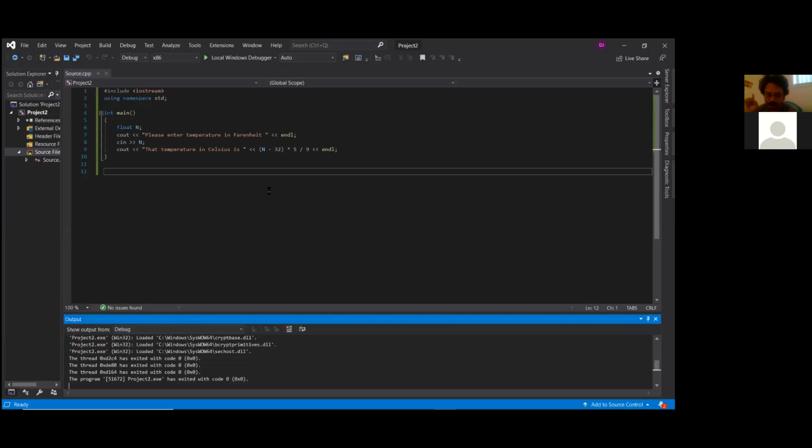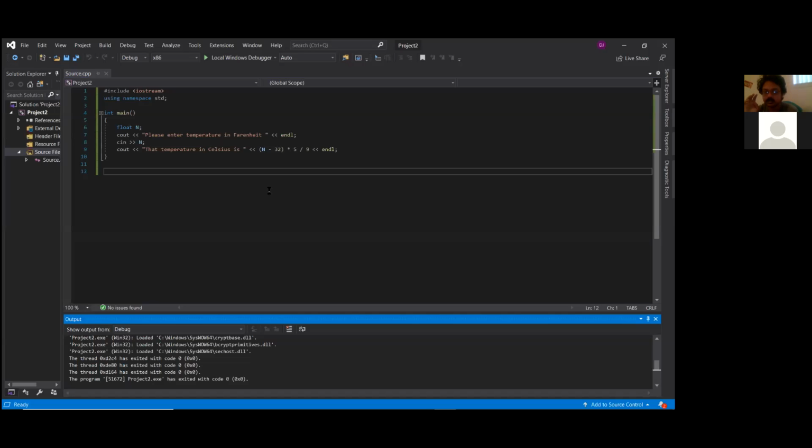But the division operator is sometimes quite picky about what you are dividing the numbers with. In this case, we are dividing 5 and 9. 5 divided by 9, as we know, is some decimal value. But if you're just doing 5 divided by 9, the division operator considers this to be integer division in some compilers, in some cases.